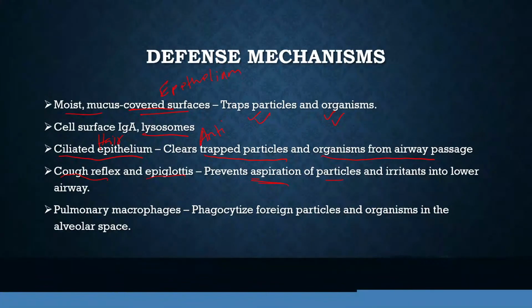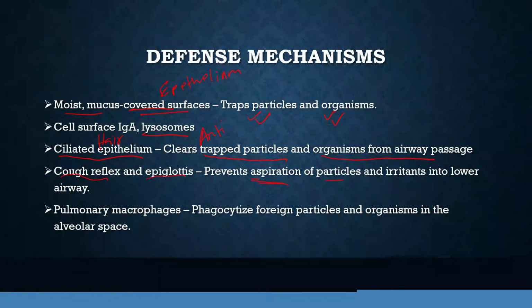When your throat is irritated, you'll feel like coughing something out. And so we have the cough reflex, and the epiglottis that helps do away with the particles and the irritants that we breathe in.